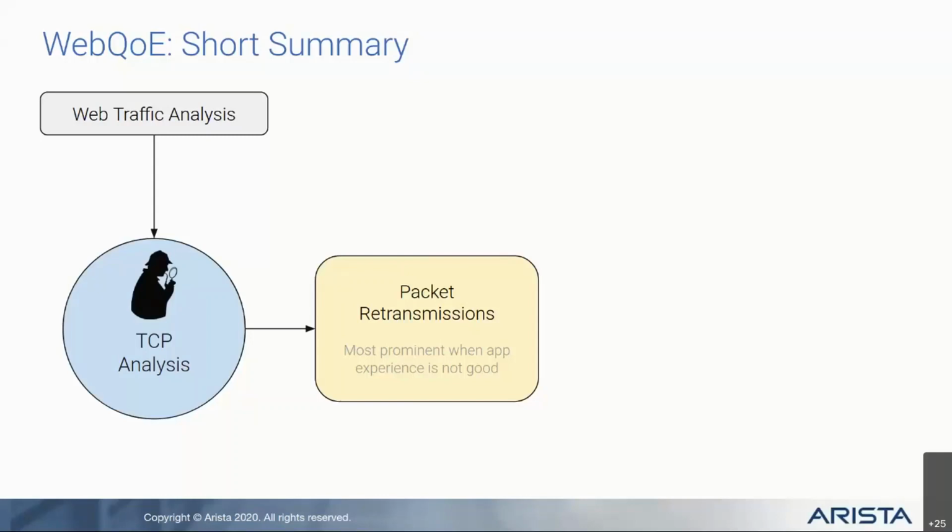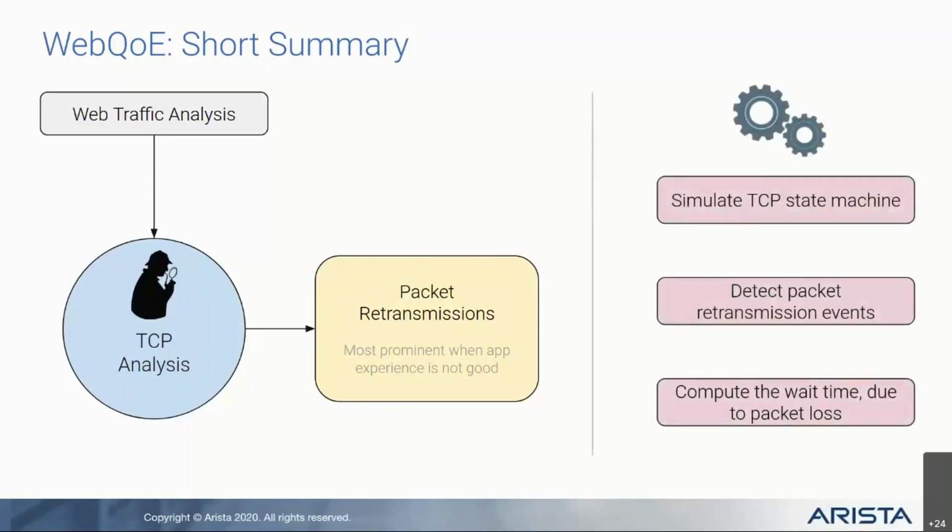So later, after checking more about how TCP works and how its state machine works, we finally decided to start tracking the start and end of the packet retransmission events. So that's what we did. We tried to simulate a very simplified version of the TCP state machine on the access point, which could detect the retransmission events and thereby compute the amount of time the TCP flow spent in a wait state due to potential packet loss in the network.